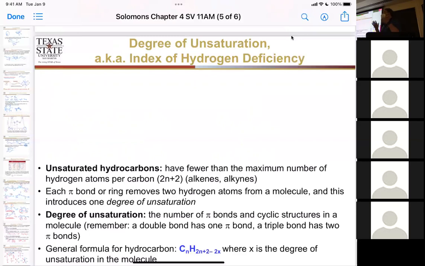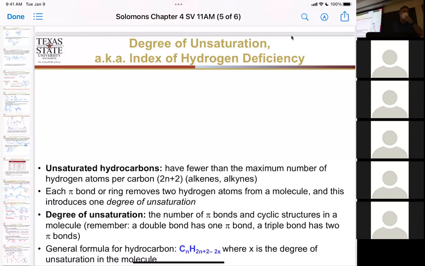When we draw our Lewis dot structures, we just start with the thing in the middle and keep putting things around it. But we can actually derive how many double or triple bonds or rings we have by calculating the index of hydrogen deficiency. It's basically how many hydrogens you could add to the system to make it into a non-cyclic alkane.